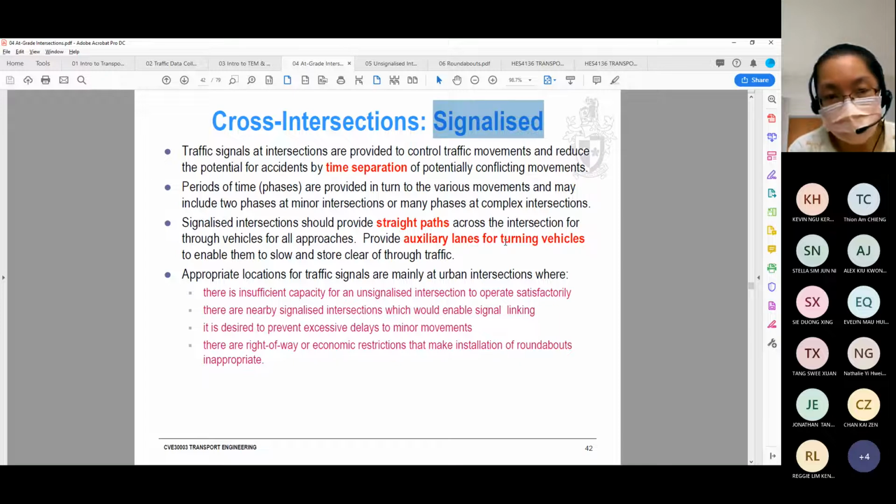So again, it depends very much on the location and what are the conditions attached to the initial intersection. Even for signalized, not all intersections we can use signalized.